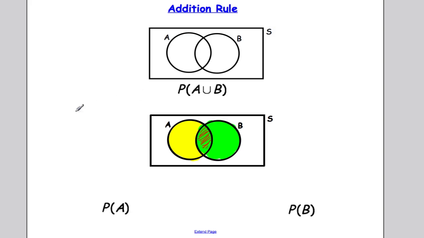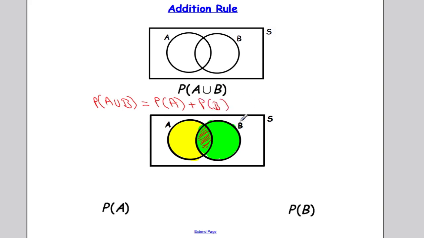That's very important, that we realize that this region has actually been counted twice. So the probability of A union B is, well, we had A and we added B to it.